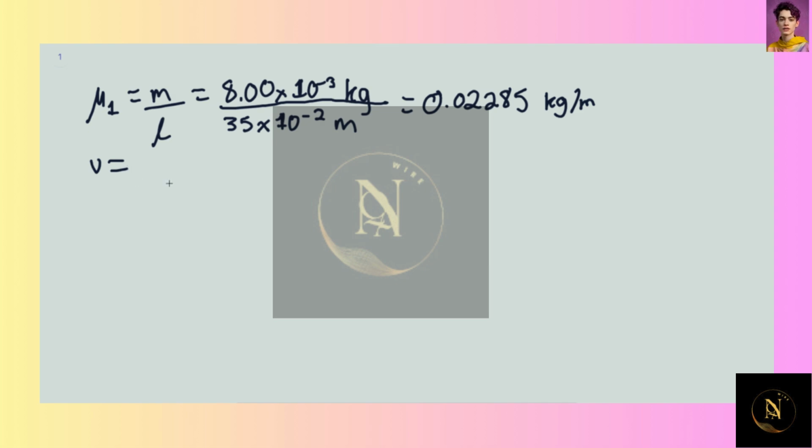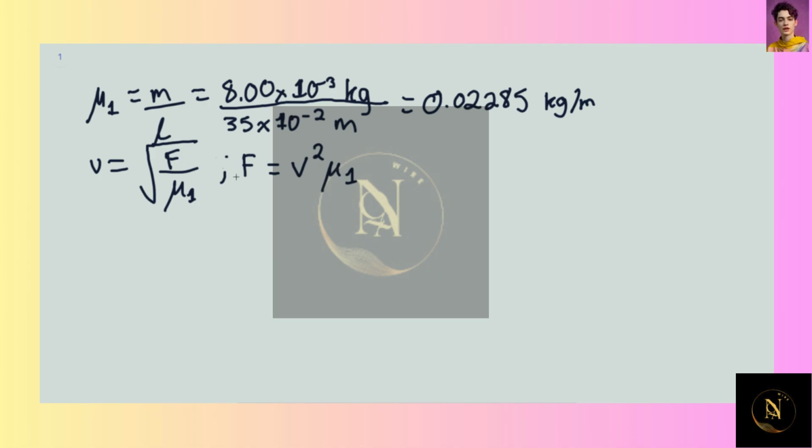At this point, we find the velocity. The velocity can be found by the square root of the tension force divided by mu, and in this case it'll be mu sub 1. We can manipulate this equation and solve for F. So F is going to be equal to V squared mu sub 1.